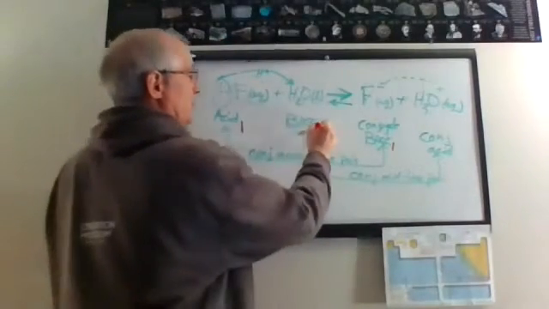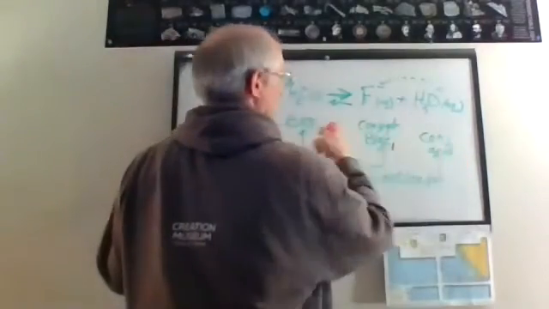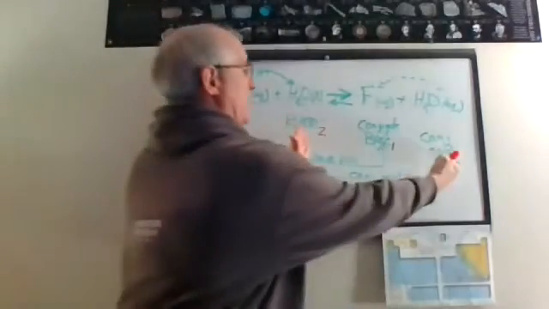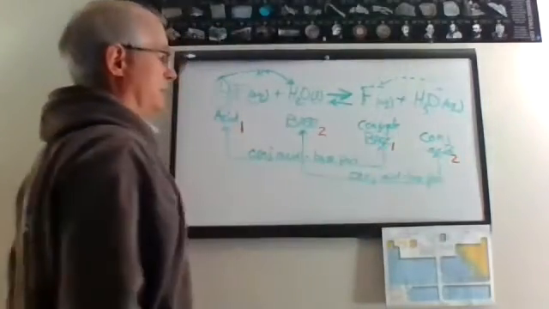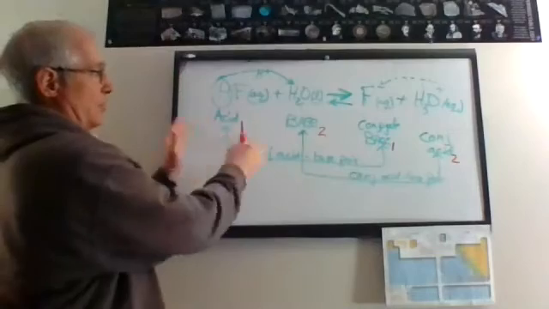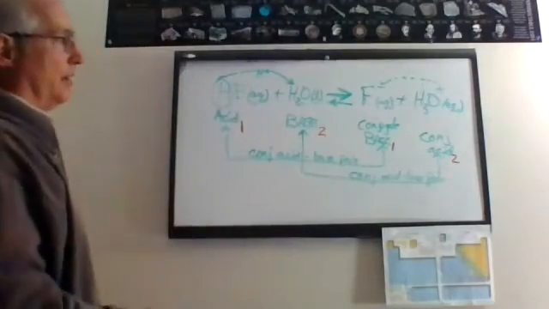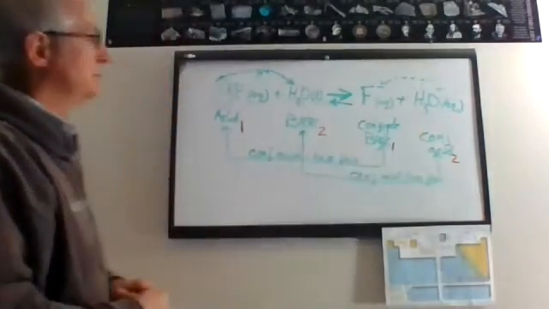Therefore, these are the 2's. That's the base number 2, and that's the acid number 2. They go together, and these go together. And the reason you label this 1 is because it's the first thing you encounter as you're reading from left to right.